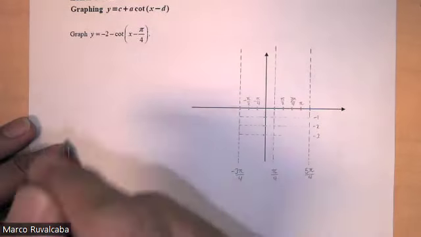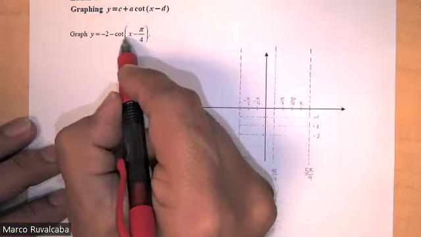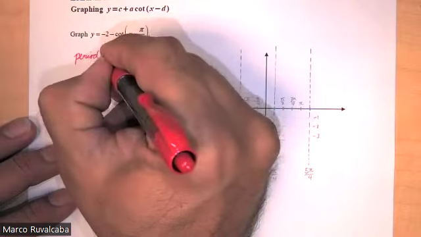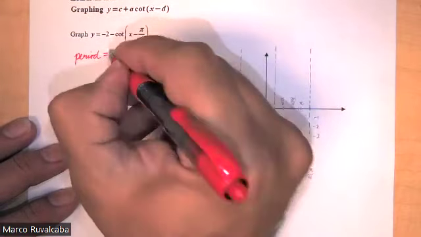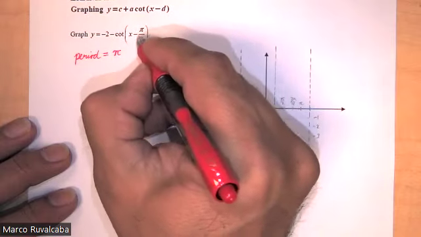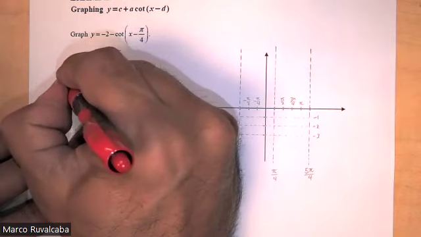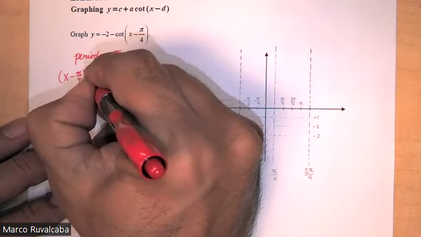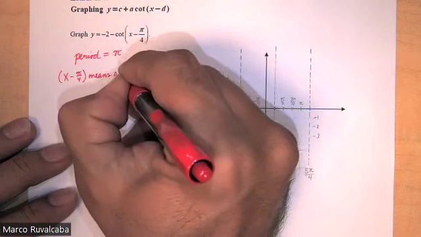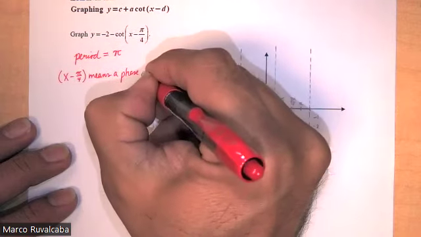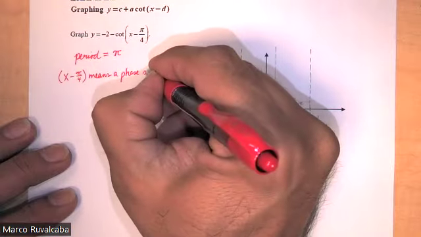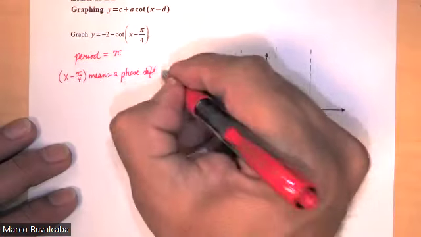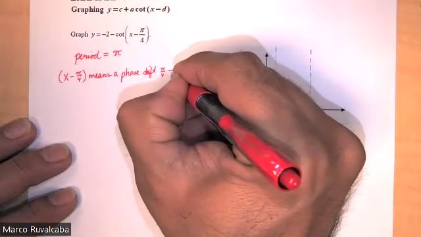So the period in this case is just pi because there's no number in front of the x. So the period is pi, right? But that minus pi over 4 means there's a phase shift. Sorry, I misspelled it. Phase shift of pi over 4 to the right.